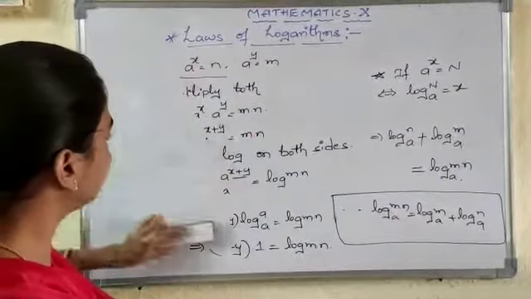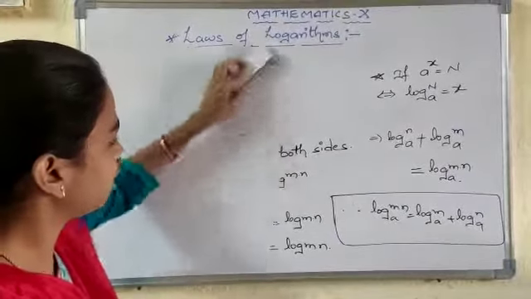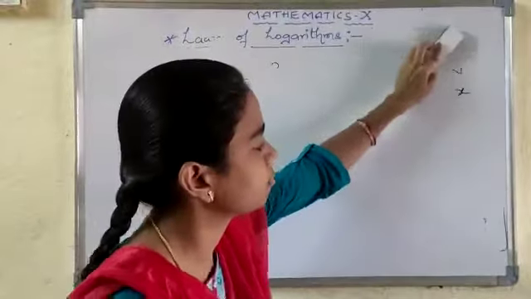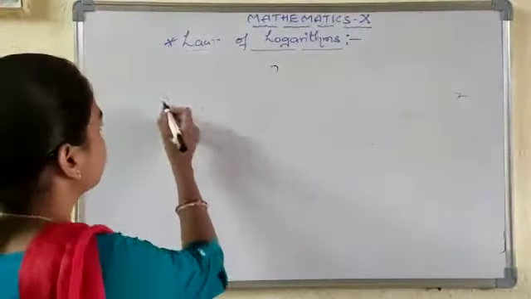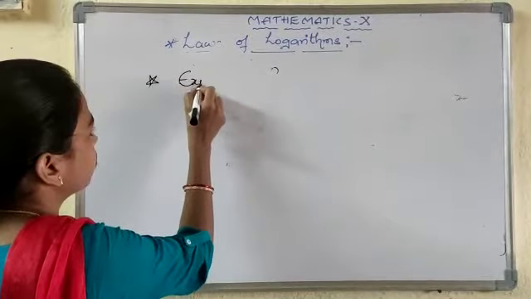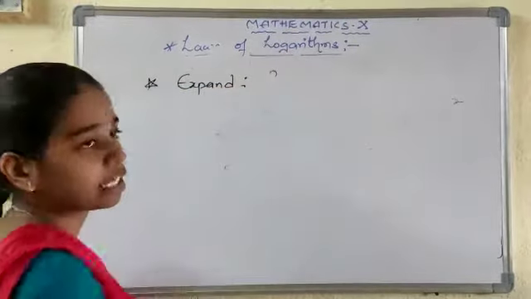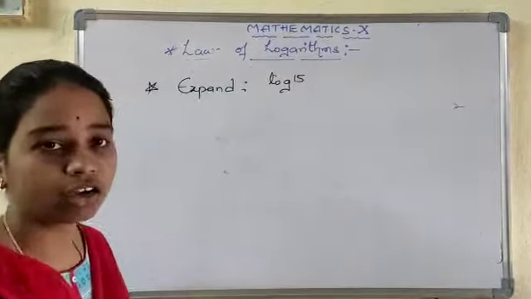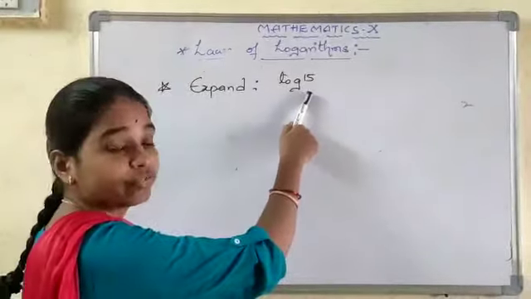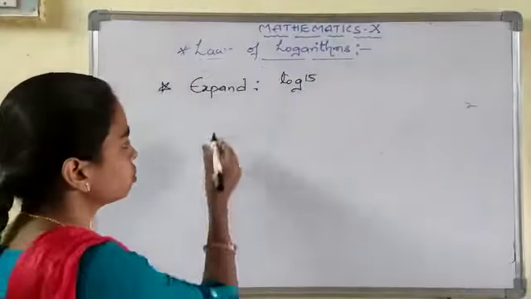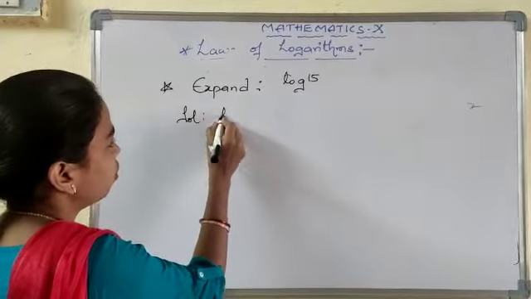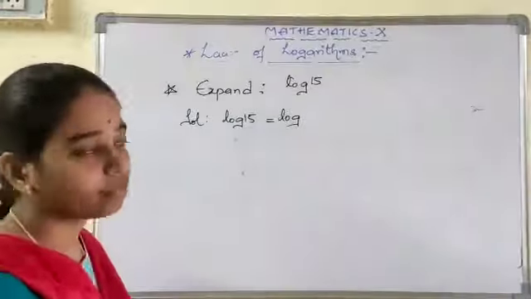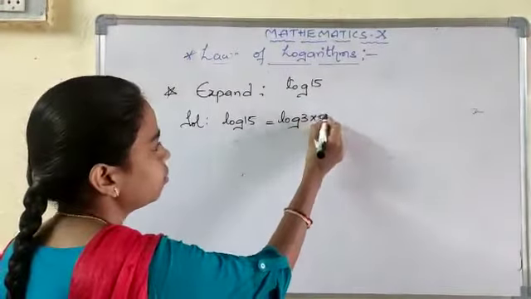So let us see one example on the addition of logarithms. Expand log 15. So we can write 15 as the product of two prime numbers. So log 15 can be written as log 3 into 5.